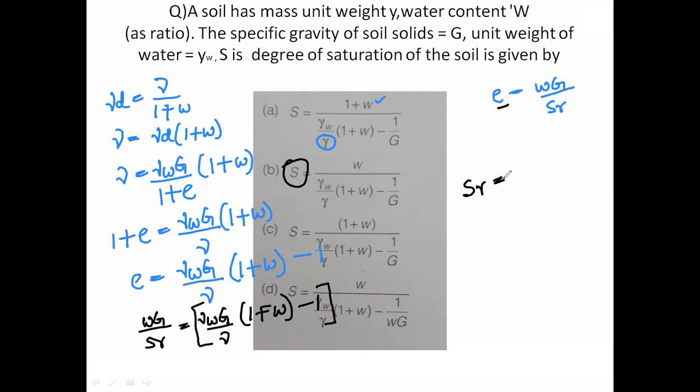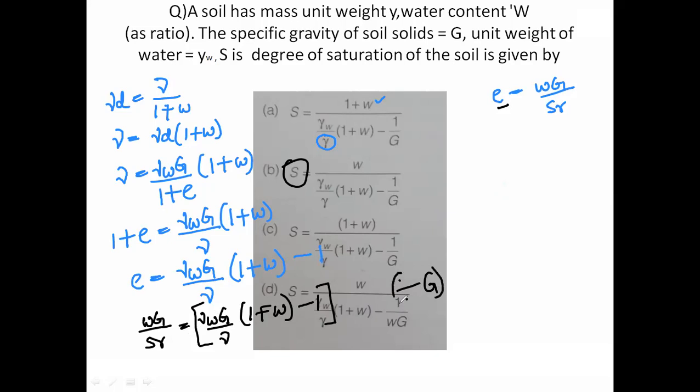For simplification, I just divide this equation by G on both sides.